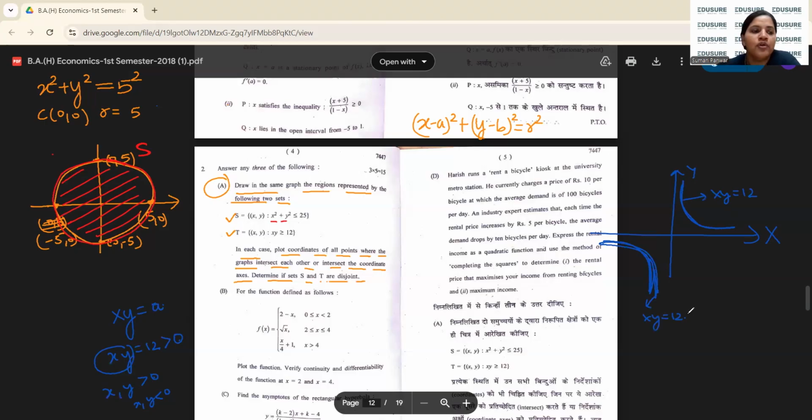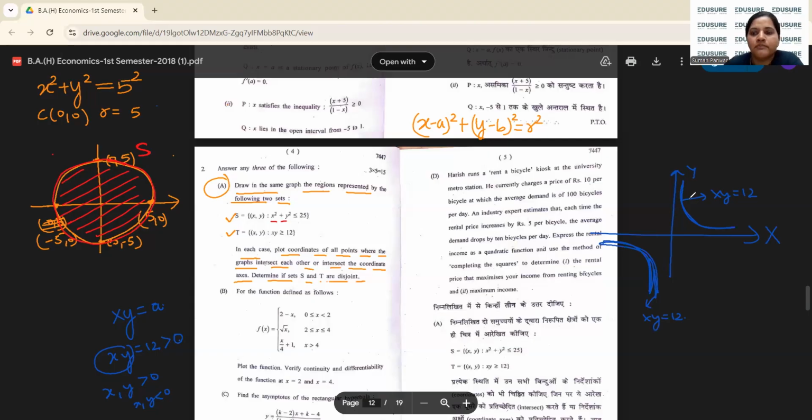Now notice one thing, that T is never going to intersect the axis. When X is 0, Y cannot be 12 by 0. Similarly, when Y is 0, X cannot be 12 by 0. So therefore, this set is intersecting the coordinate axis, but this is not intersecting the coordinate axis. Now let us see what kind of intersection these two graphs are going to have.